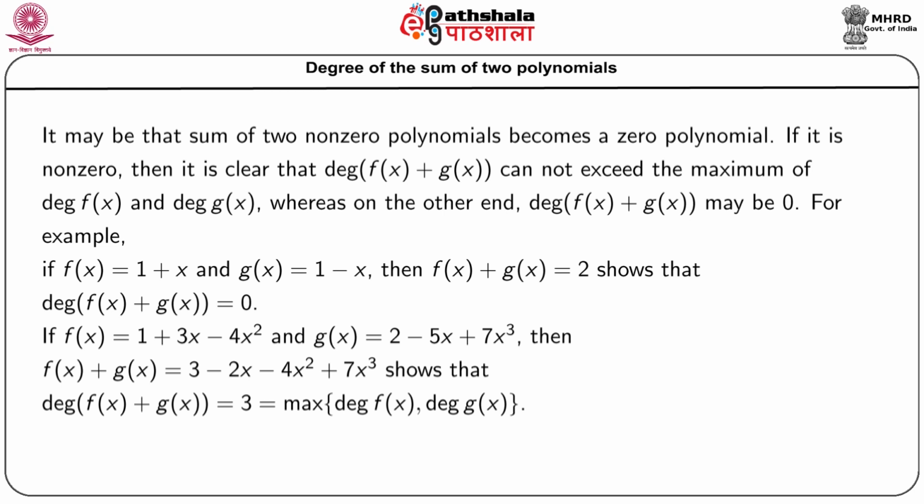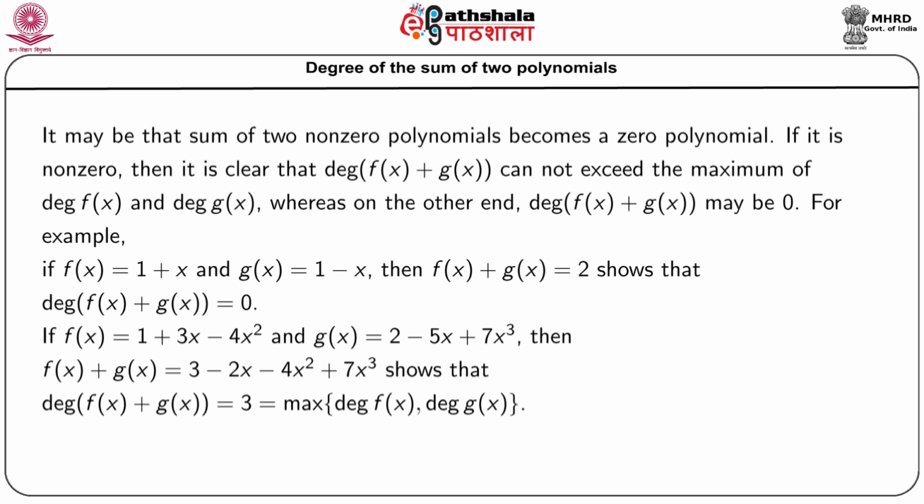Then both f(x) and g(x) are polynomials of degree 1, whereas their sum f(x)+g(x) is a polynomial of degree 0. We will see that the degree of f(x)+g(x) can never exceed the degrees of f(x) and g(x). At most, it can attain the maximum of the degree of f(x) and the degree of g(x).